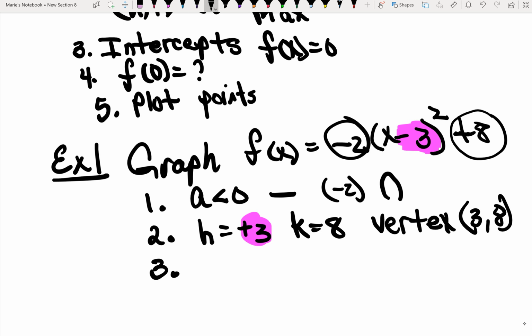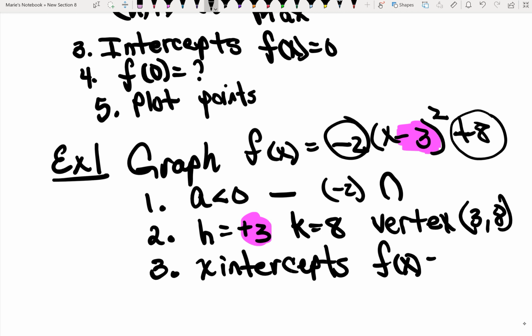In step 3, find the x-intercepts. So in this case, we would say f of x is equal to 0. And so that means that we would set our equation to 0, and that equals negative 2 parentheses x minus 3 squared plus 8.